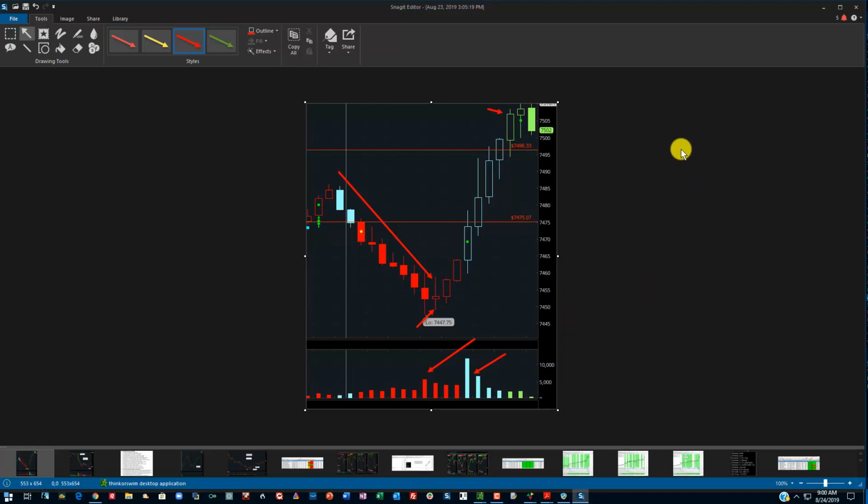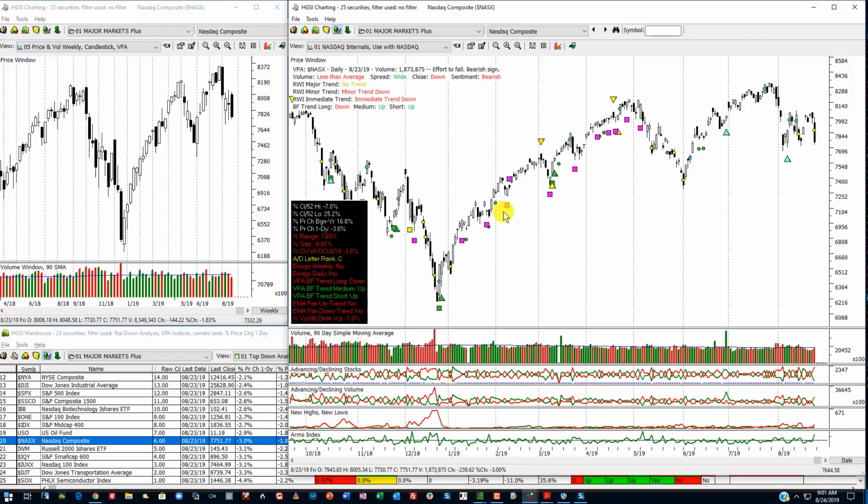Well, not all of it, of course, because we had a huge market down day, but the buying was tremendous, starting right here with this bar, which corresponds with this effort to rise. And it would be very easy to lose a lot of money in a hurry if you're on the wrong side of that trade. It takes nerves of steel to trade these futures, especially in an environment like this.